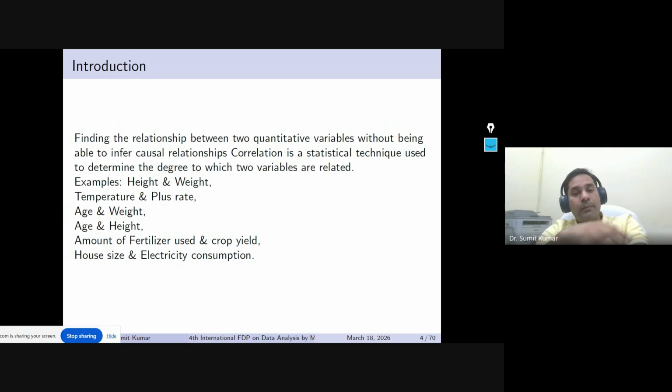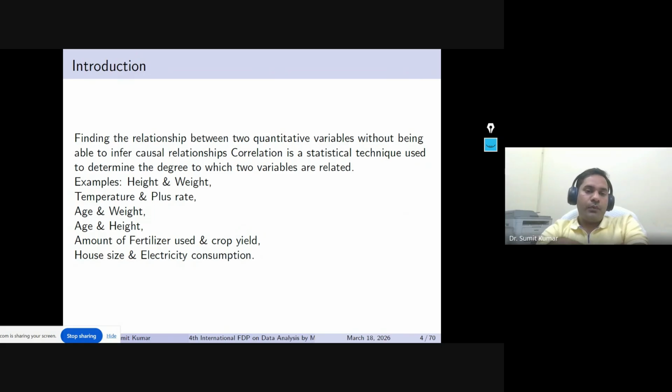based on some independent variables. Basically, we check the correlation here: if height increases, obviously weight will also increase. If temperature is high, pulse rate will also increase. If a person's age increases, the weight will also increase, so age and height will also be correlated.